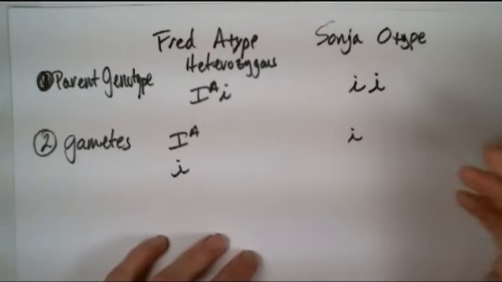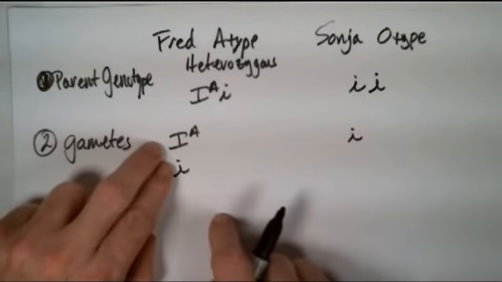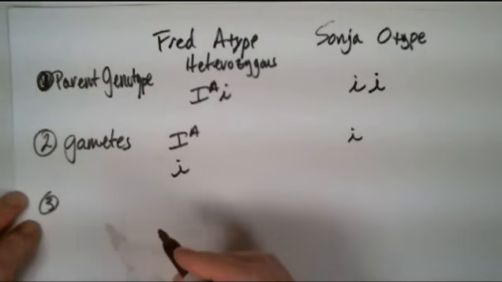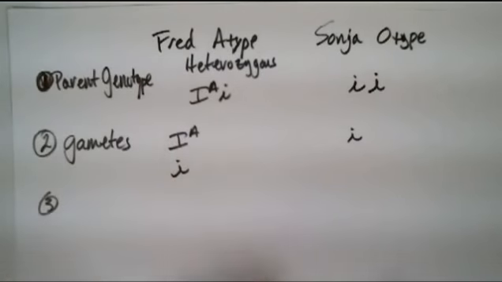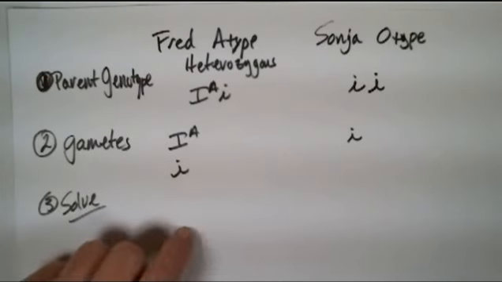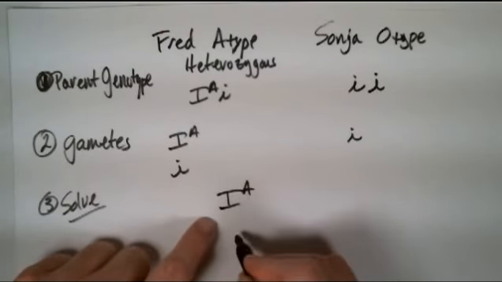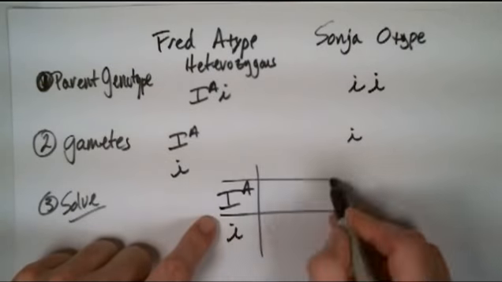She only has that to put into the egg that she forms. Now again, I always put the organism on the left, and that becomes the rows for my square. So I^A and lowercase i are the gametes produced by Fred.